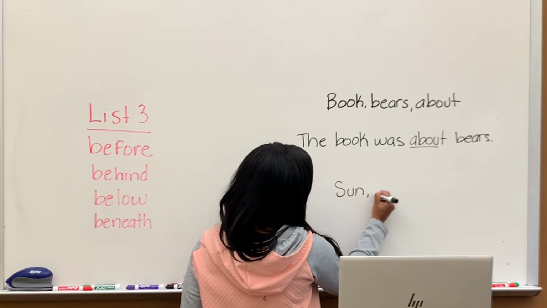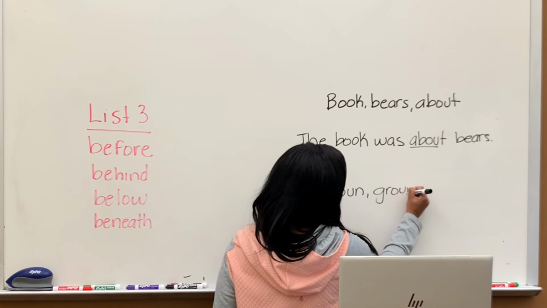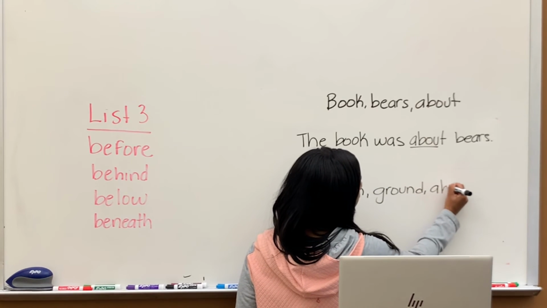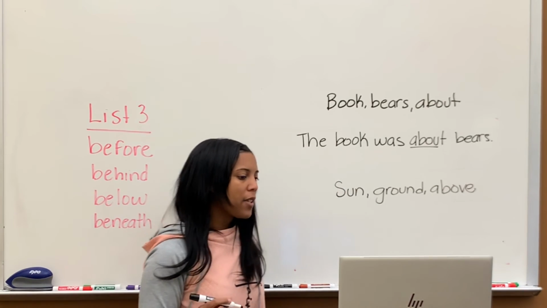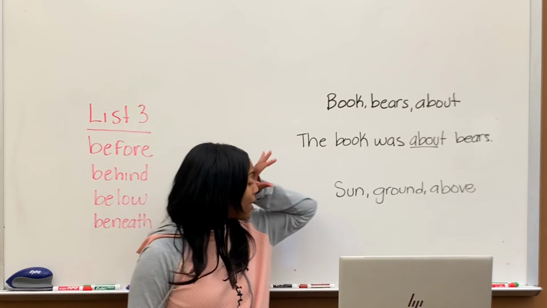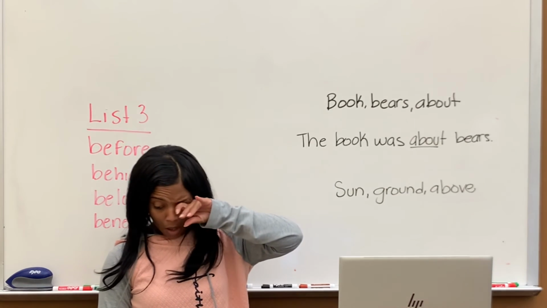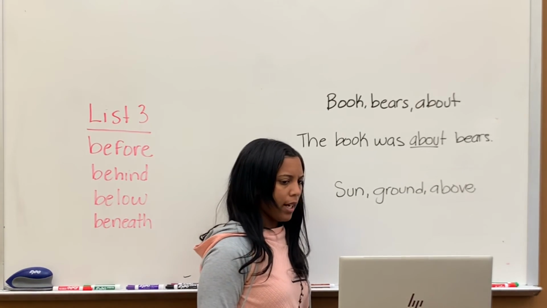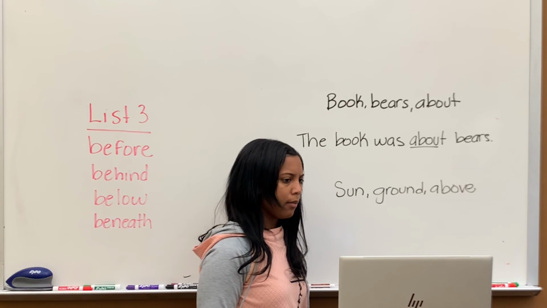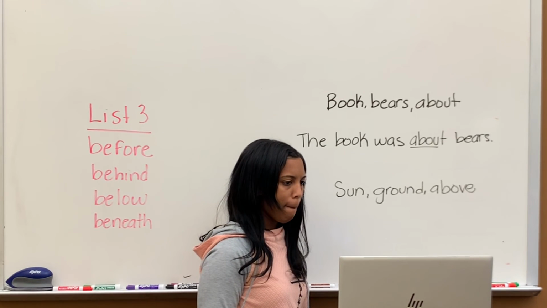Sun, ground, above. Try that one. So above is our preposition showing the relationship of sun and ground. Okay, try it out. Let's see. Go ahead, Bailey.